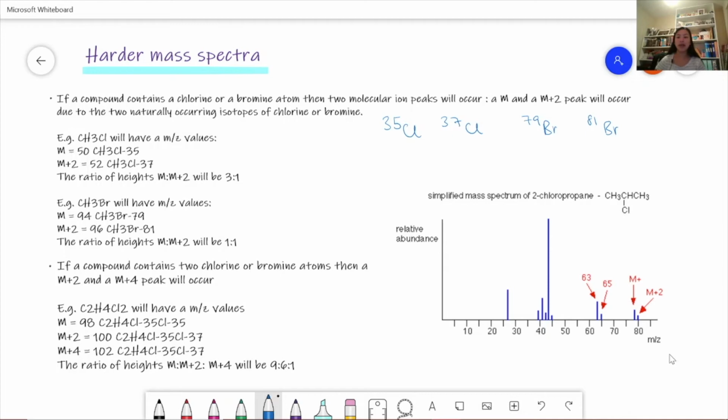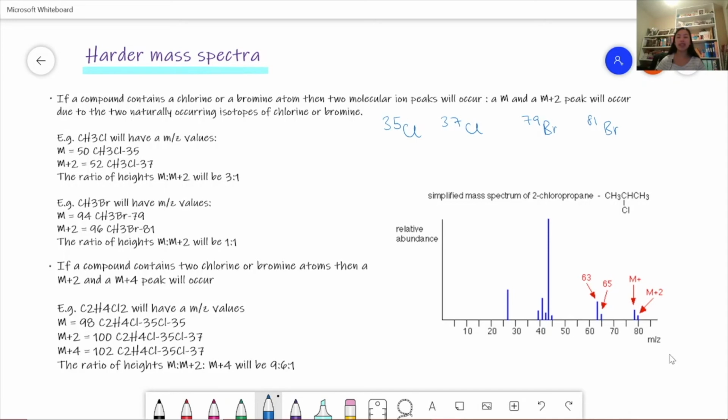For example, say we have chloromethane, CH3Cl. It will have signals at m/z equals 52, sorry, and m/z equals 50. The 50 will be its value when the chlorine present in the compound is 35, and the peak at M+2 will be when we have the chlorine-37 present.